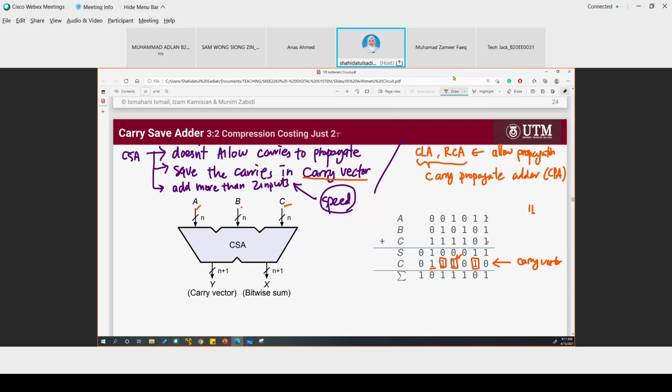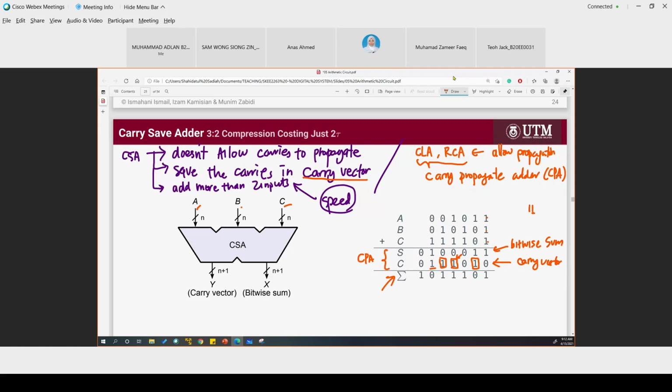And then we use the carry propagation adder at the sum here, the bitwise sum here, and the carry vector. This is not the total sum. This is only the sum at this bit location. So we call it bitwise sum.